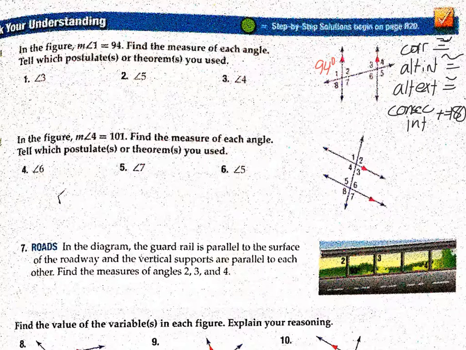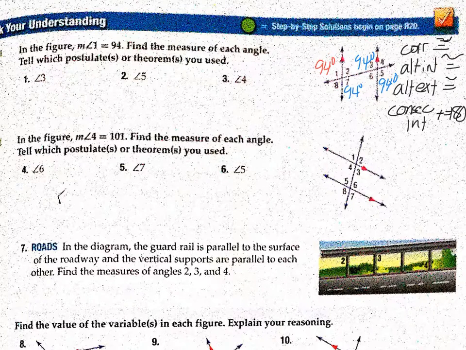So I know angle 7 is 94 because those are vertical. I know angle 3 is 94 because 1 and 3 are corresponding. So if 3 is 94, then I know angle 5 is also 94 because 3 and 5 are vertical. And then because I know consecutive interiors are equal to 180, then I know angle 2 has to be 86.